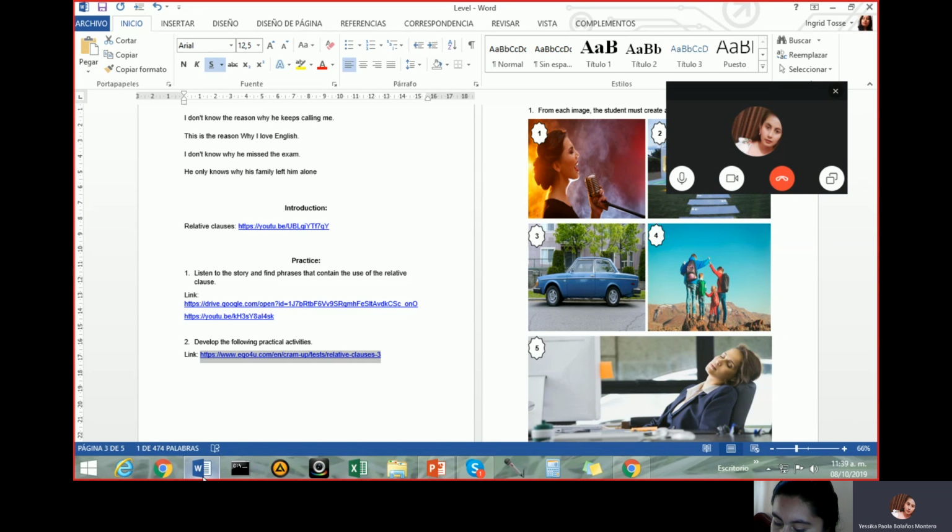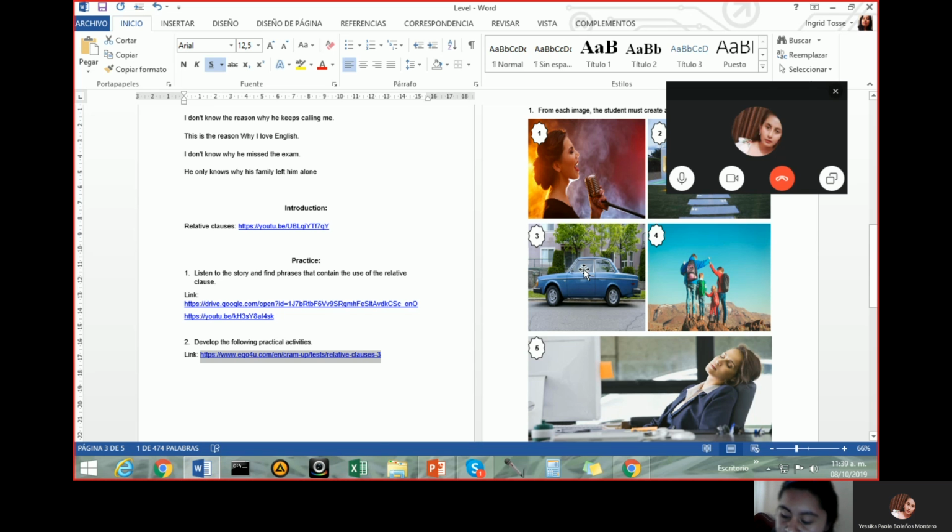The second, that is the house which my parents bought.